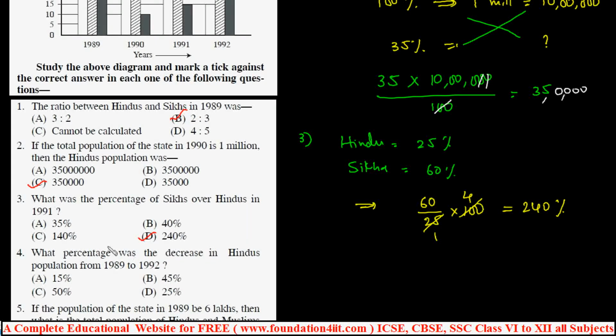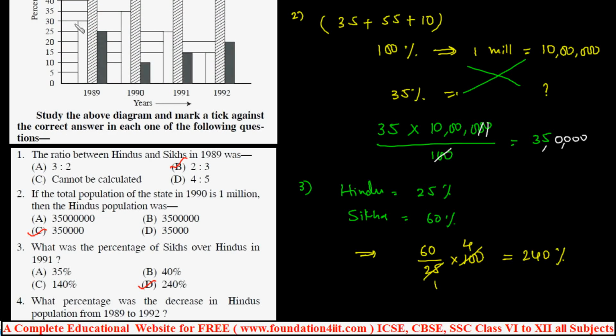Right? Same way. Fourth one, what percentage was the decrease in Hindus population from 1989 to 92? 89 Hindus is 30%. Okay, this one. You can calculate this. And 92 Hindus is 15%.